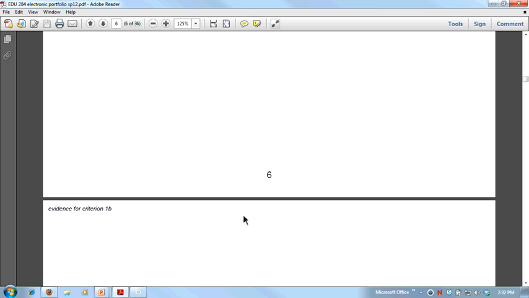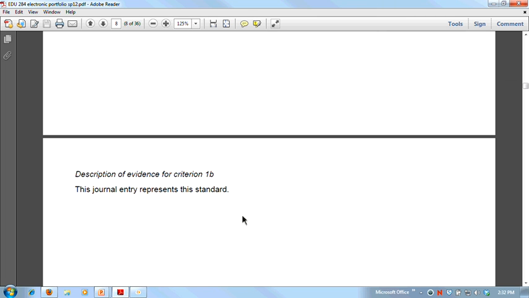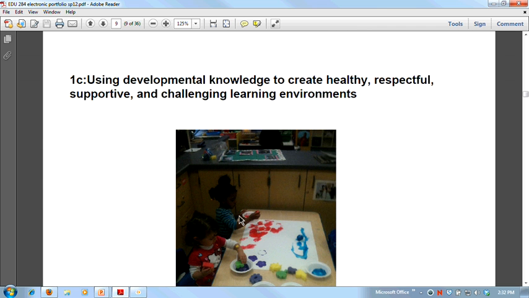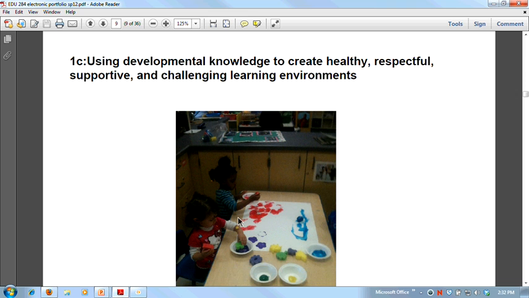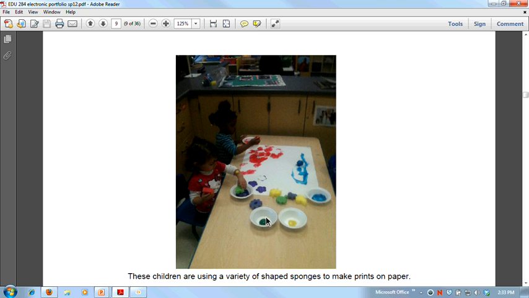She talked about how they were playing outside and they went over and wanted to be a monster truck, and she realized, oh, I actually have to watch children to see what they're doing. And again, we're still in Standard 1. She took a picture of part of her lesson plan to demonstrate that this was a developmentally appropriate way to help children learn.